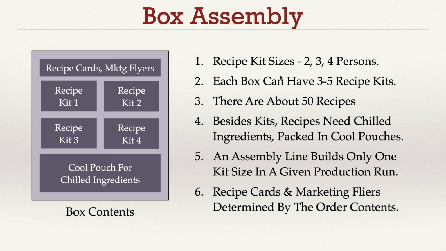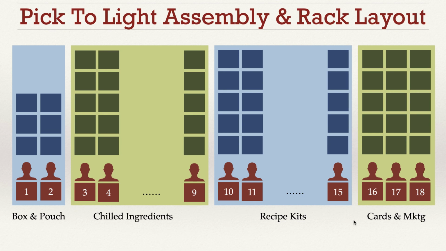Recipe kits have kit sizes of 2, 3, 4 person sizes, and because these sizes are different, they are built on either different lines or in different production runs. Chilled ingredients are packed separately in the cool pouches, and the selection of recipes is quite large, sometimes as high as 50, so these are quite complex operations.